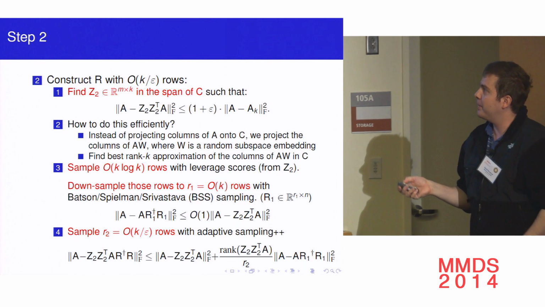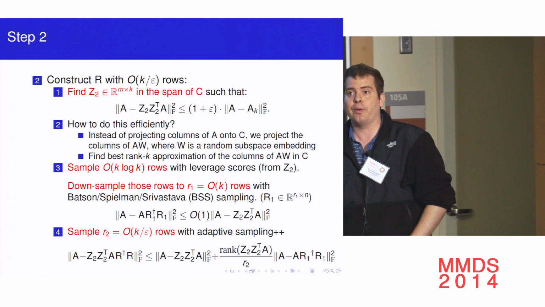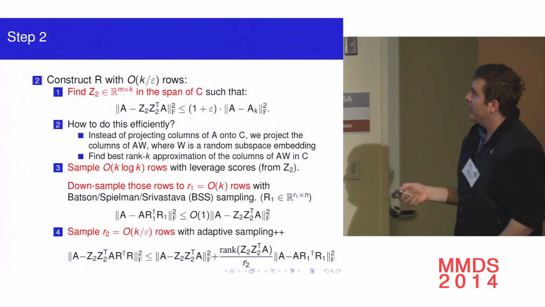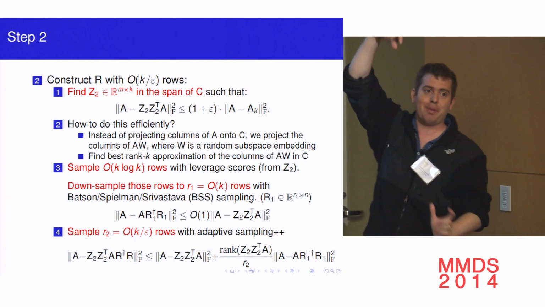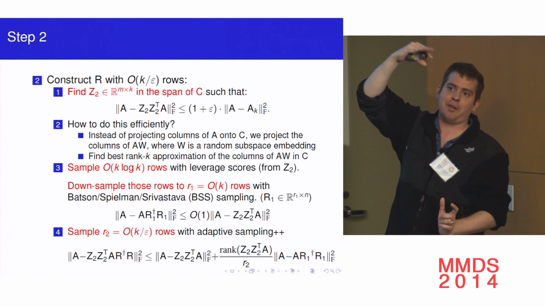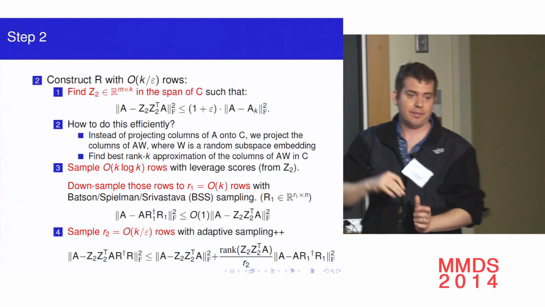And now the rest of the argument is quite similar to what we did for finding the columns. Namely, we have this Z2, which is this m by k matrix with orthonormal columns. What can you say about the row norms of this matrix? These are the row leverage scores.